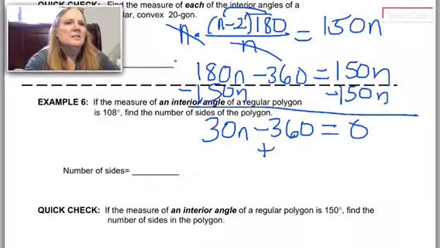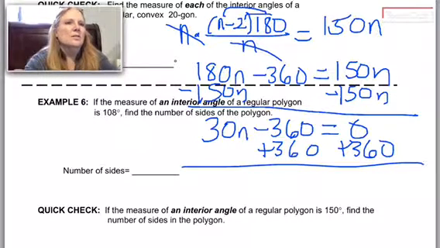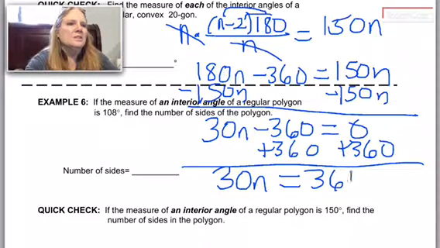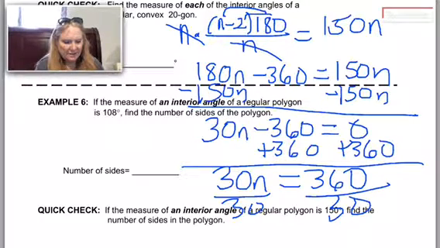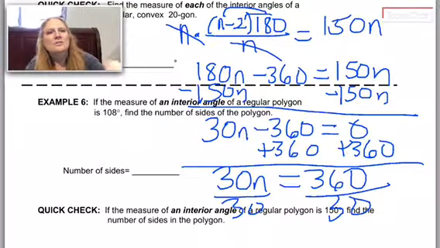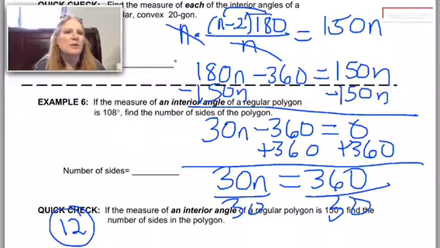If I add 360 to both sides, I get 30n is equal to 360. Then I just divide both sides by 30. 360 divided by 30 is 12. So a regular polygon with 12 sides will have interior angles with the measure of 150 degrees.